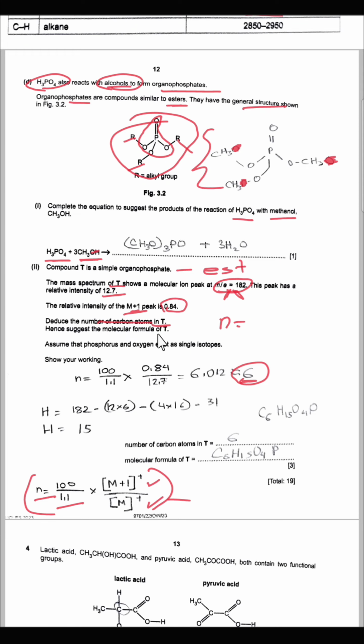Hence suggest the structure and molecular formula. For T, we know that the Mr is 182, and we have 6 carbon atoms.